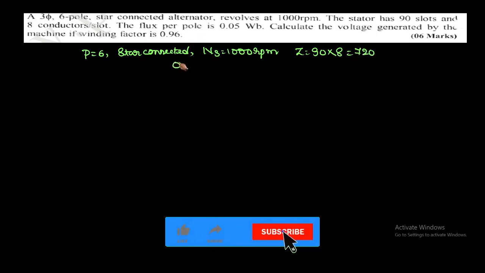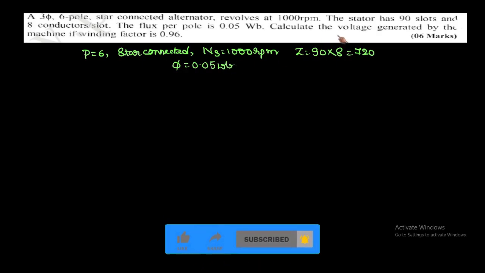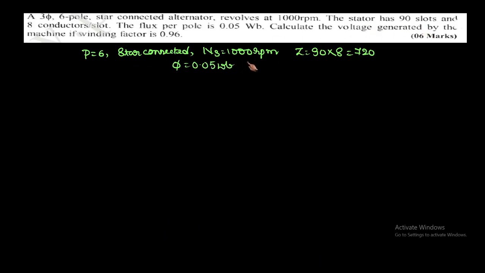The flux per pole is 0.05 webers. Kp is not given, so you assume full pitch, and Kd is given as the winding factor, 0.96, because whenever Kp equals 1, Kd becomes Kw also.